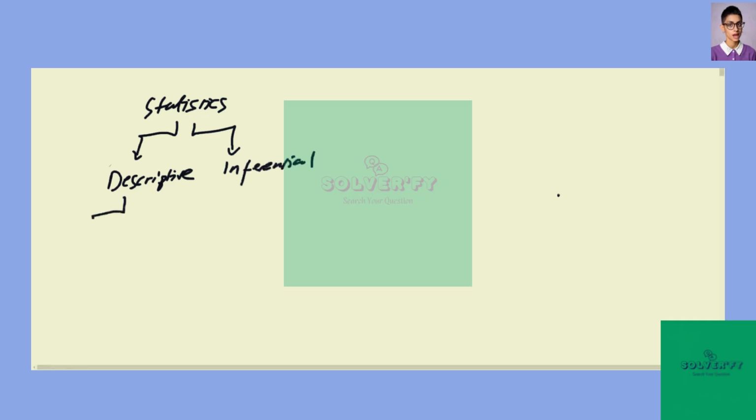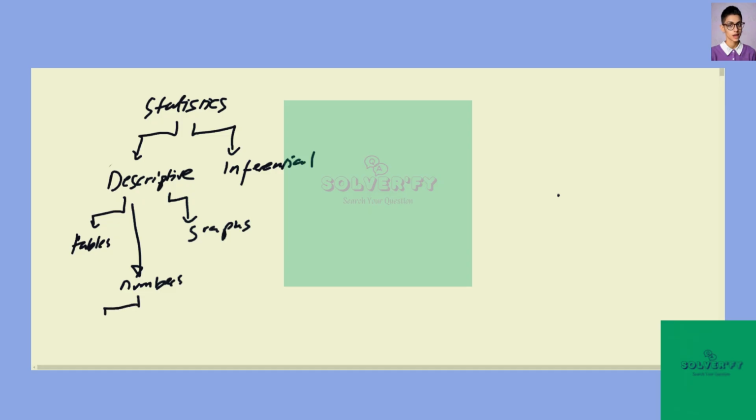Under descriptive, you can always present visuals of your data through tables, numbers, and graphs.